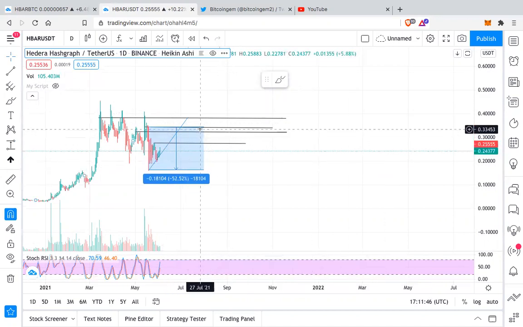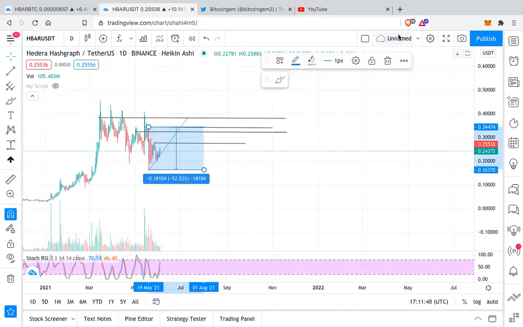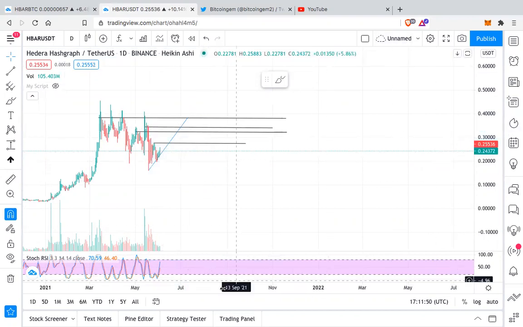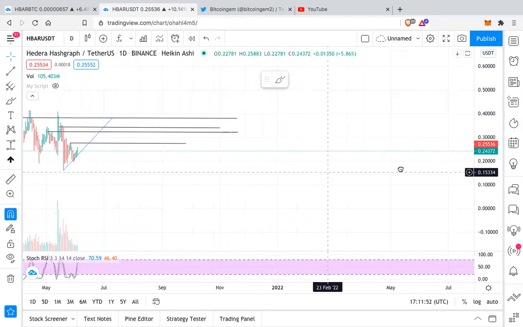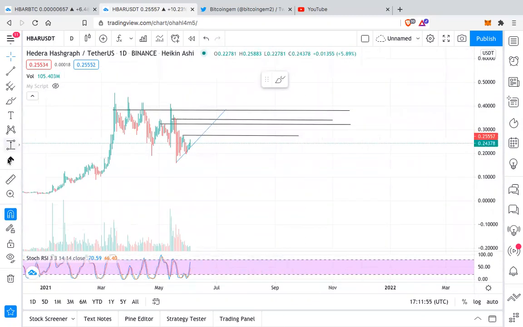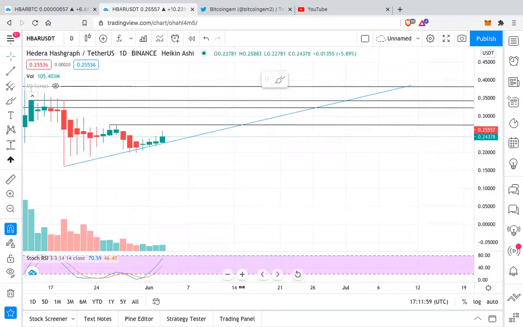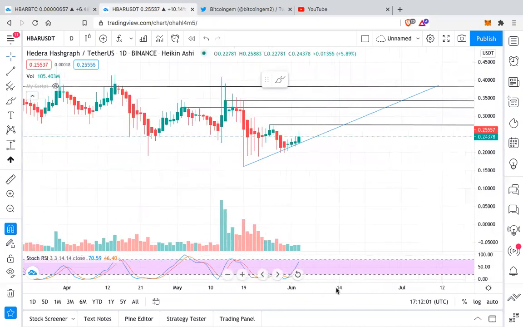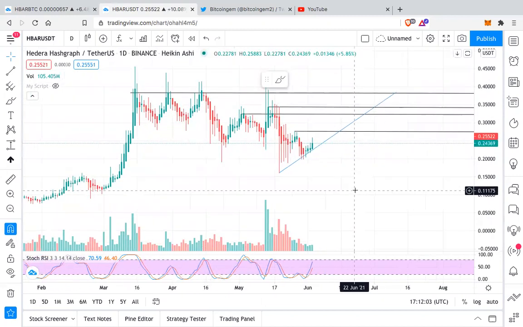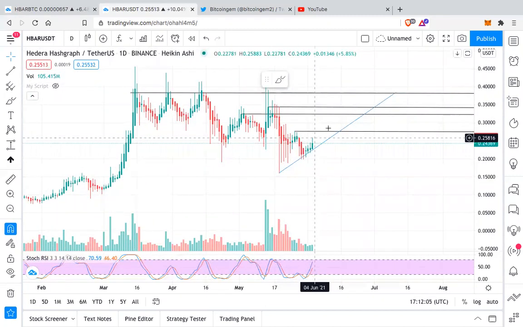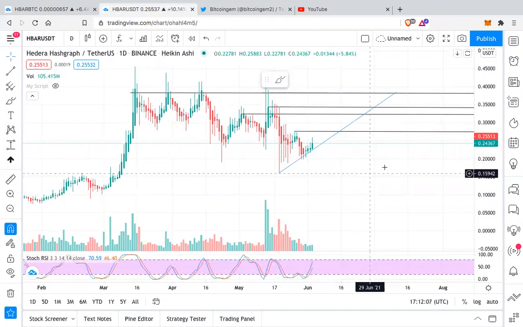So it was almost similar to the BTC correction. So we can say that this correction more or less looks like it was because of the Bitcoin correction and not anything else. And this is again gaining traction on the higher time frames.